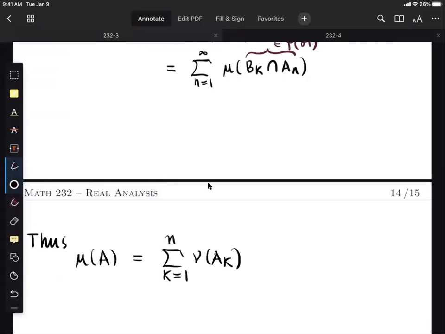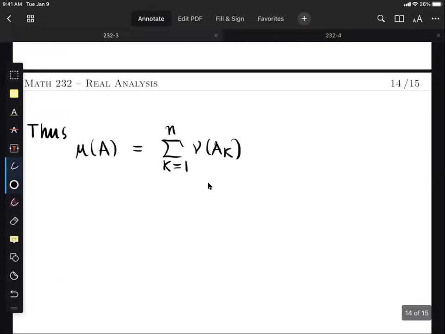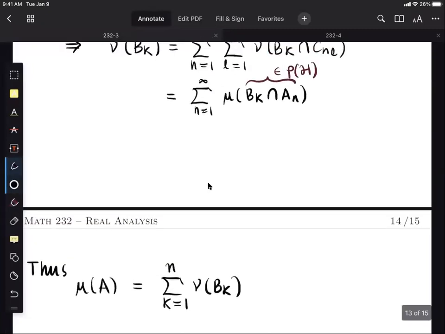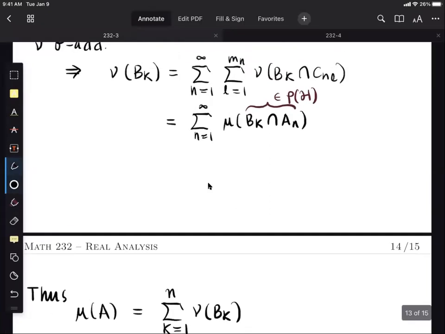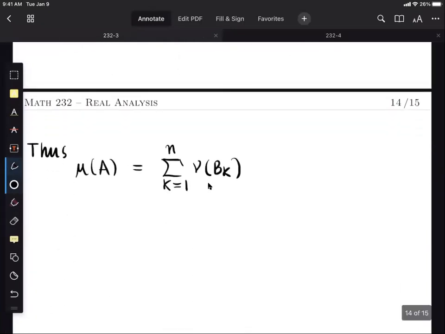Since we have written A as the pairwise disjoint union of the A sub k's, or I should say the B sub k's. Okay, now we plug in this previous equation. So we replace mu of B sub k by the one that we have obtained earlier, which is this series here.